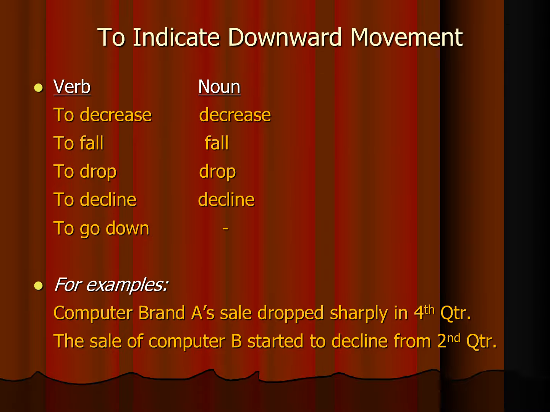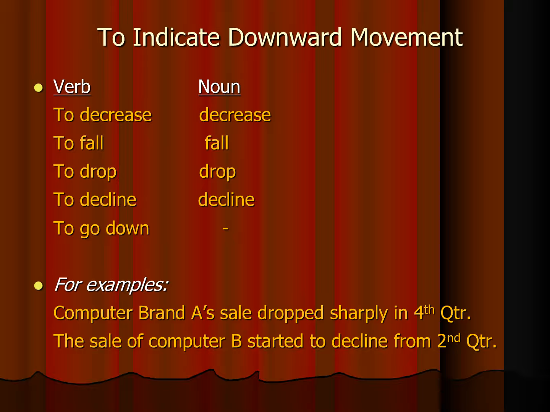Oke, atau downward movement, it means penurunan ya. Ada verb yang digunakan dan noun yang digunakan, seperti to decrease, to fall, to drop, to decline, to go down. Noun-nya ada decrease, fall, drop, and decline. Jadi decrease hati-hati ya, bisa sebagai verb, bisa sebagai noun, sama seperti increase.